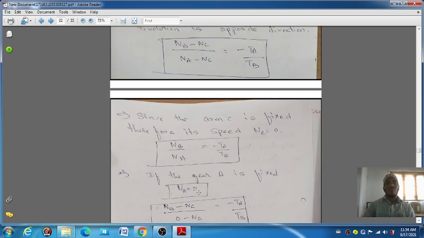Next, if you want to know Nb by Na, the speed ratio of the gears only, not including the arm, then you take Nb by Na is equal to minus Ta by Tc, when the arm is fixed.